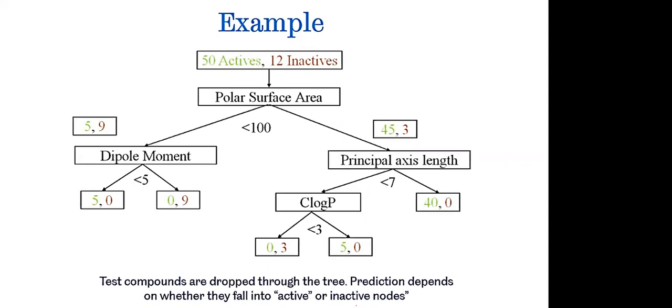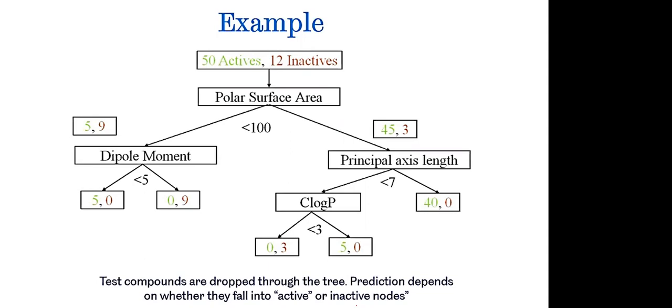And in case of inactives, higher than 5 is 9. Similarly, you can see the other property, like principal axis length.